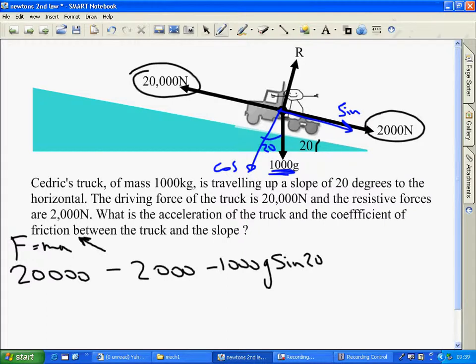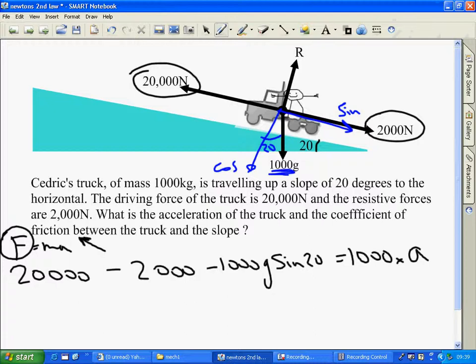So all that I've written is the resultant force acting on the truck. That's equal to the truck's mass of 1,000 kilograms. It's not 1,000 g, that's its weight. 1,000 kilograms times its acceleration.